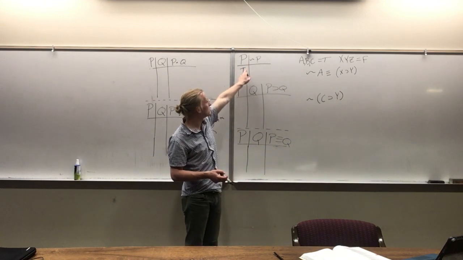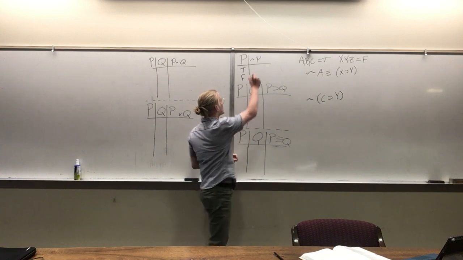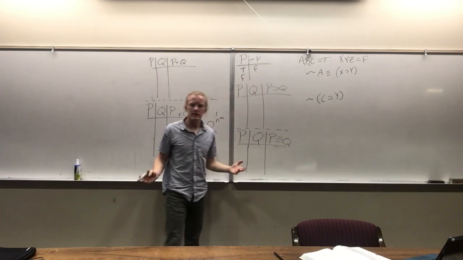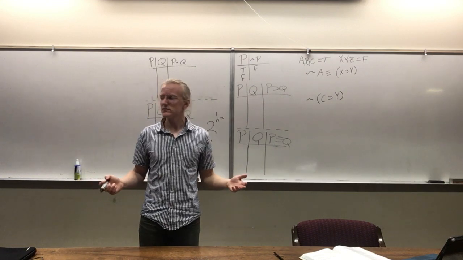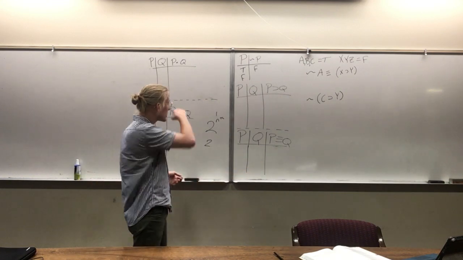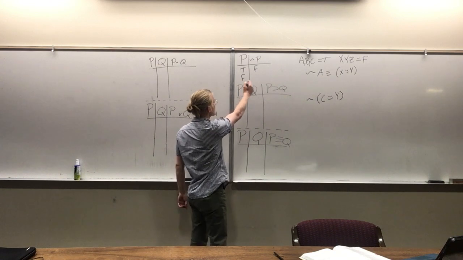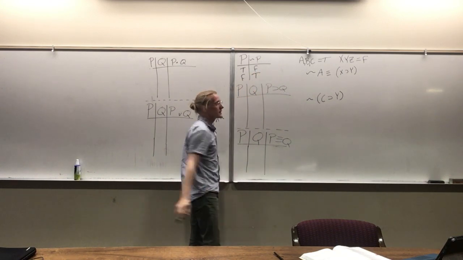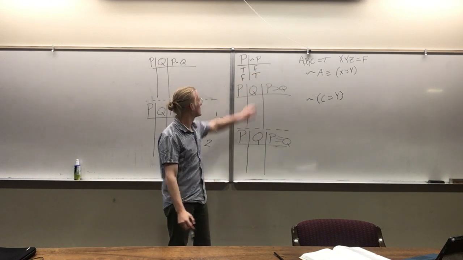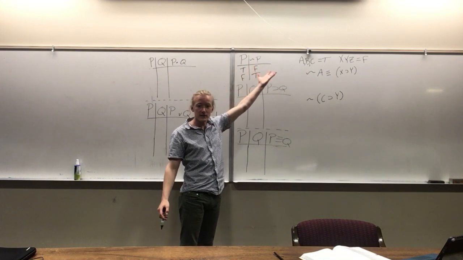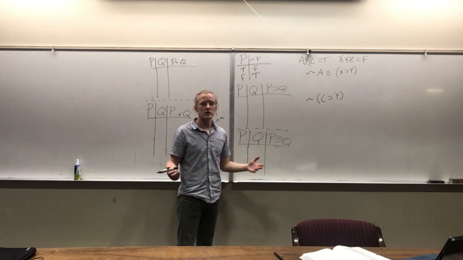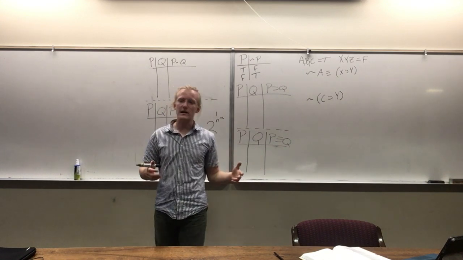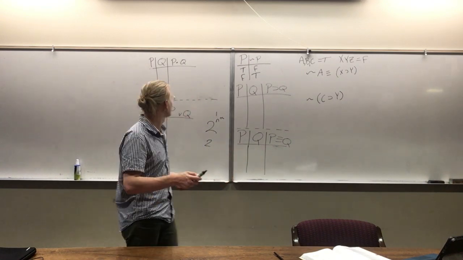So if P is true, then not P is false. So if it's true that it's raining right now, it would be false that it's not raining. And likewise, if it's false that it's raining, then it's going to be true that it's not raining. Okay, so what a negation does is it flips the truth value of the sentence letter.